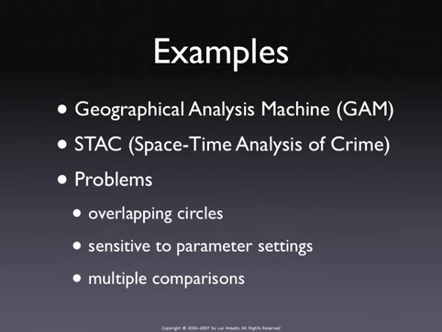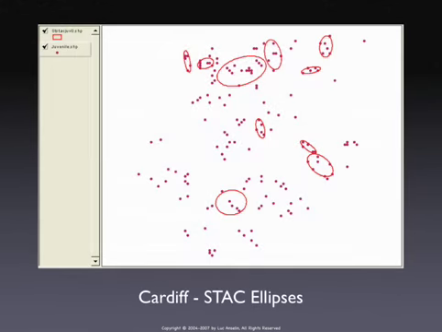So this is an example of a result using the Cardiff juvenile homicides again. We get these kinds of ellipses in a stack which then say, well, this is a cluster, and so on. So rather than drawing a conclusion for the pattern as a whole, we draw location-specific conclusions within these ellipses.